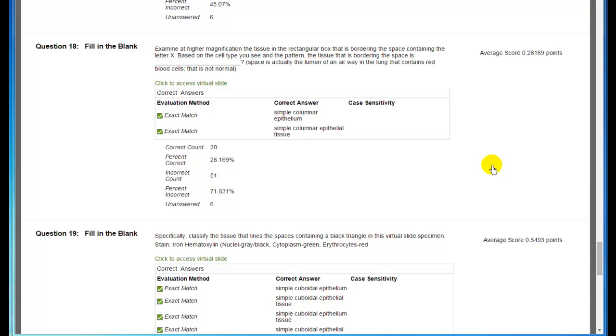Okay, this presented a specimen of epithelial tissue, and it was actually simple columnar epithelium. We accepted two possible type-in answers, simple columnar epithelium and simple columnar epithelial tissue. Well, only about 28% of the class got the correct answer.